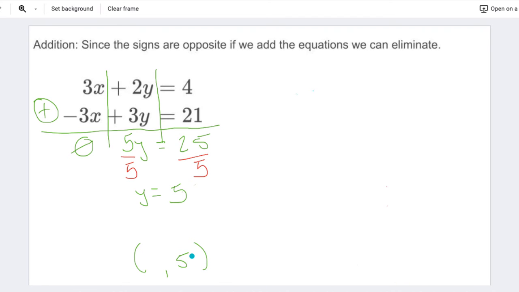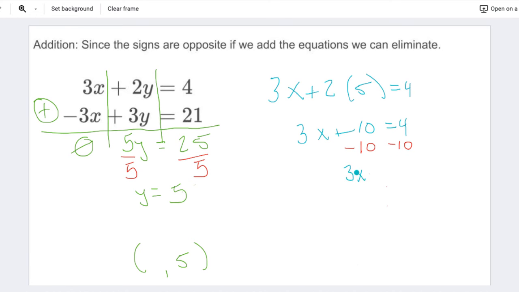To find the x value, we're just going to take this 5 and substitute it into either one of these equations for y. I'm just going to substitute into the top one. So 3 times x plus 2 times 5 is 4. So 3x plus 10. So now we want to subtract 10 from both sides.